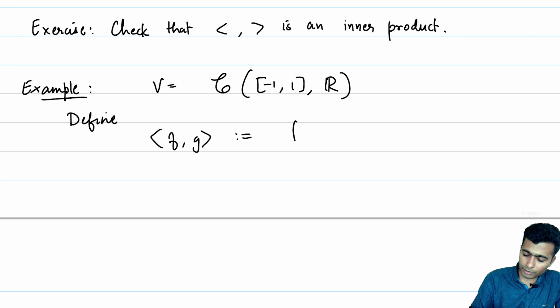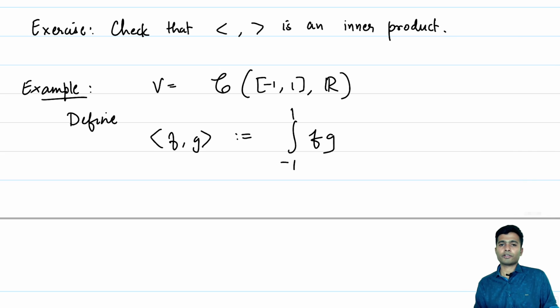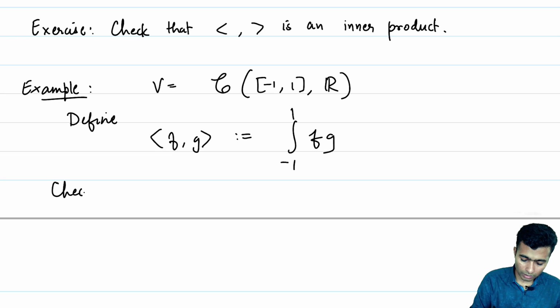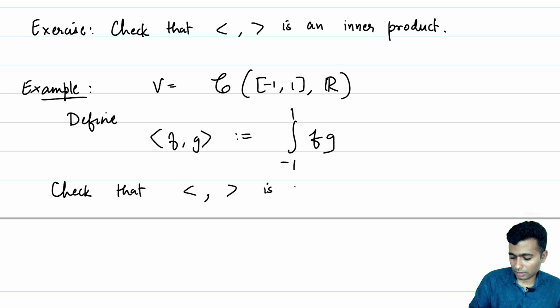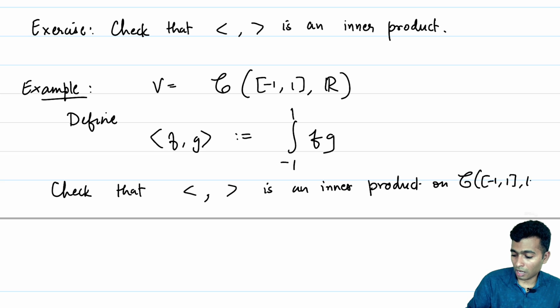Now we just define it to be the integral from minus 1 to 1 of f g. Let me just write it as f of x g of x dx, and check that this is an inner product on C of minus 1, 1 to R.